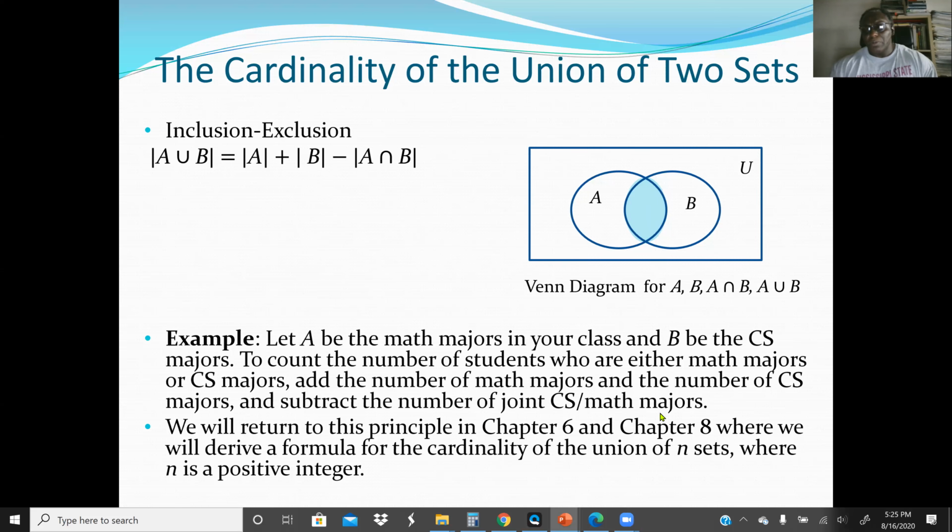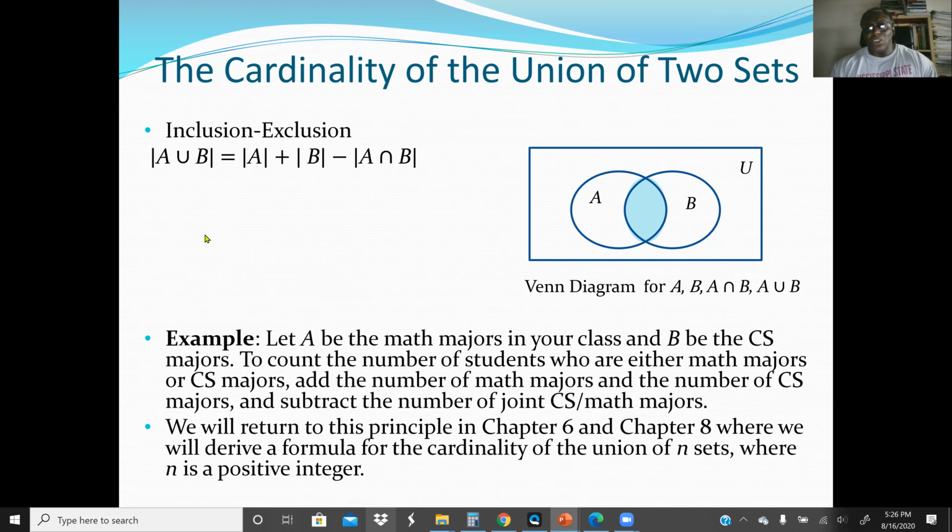Again, we will return to these principles in chapters 6 and 8, in our unit 6 and 8 lectures, where we will derive a formula for the cardinality of the union of n sets, where n is again a positive integer.